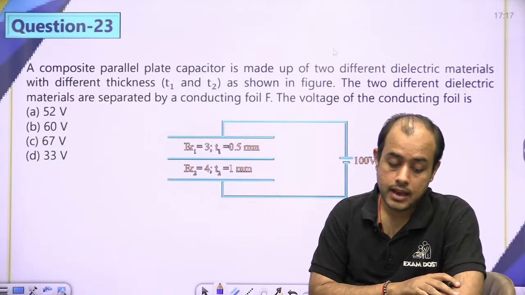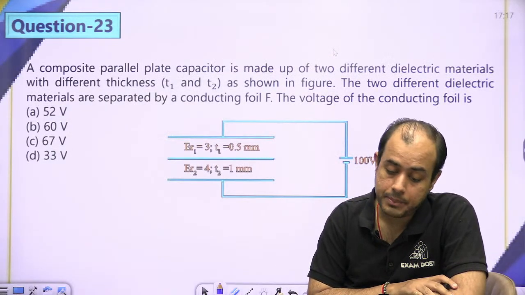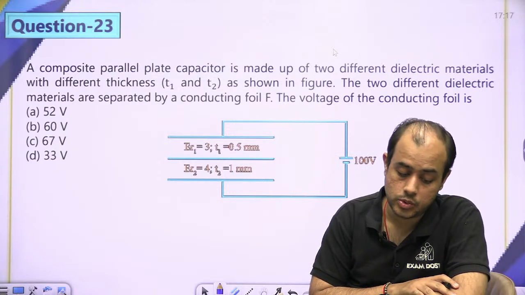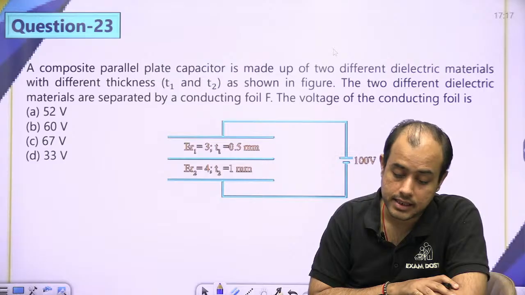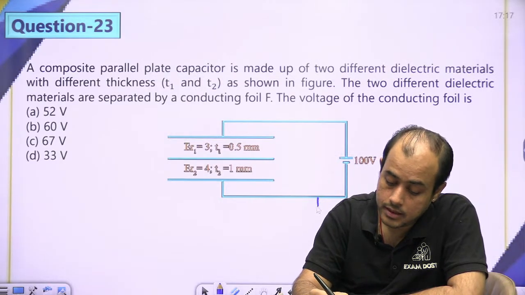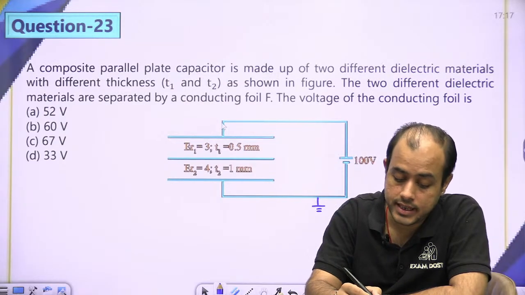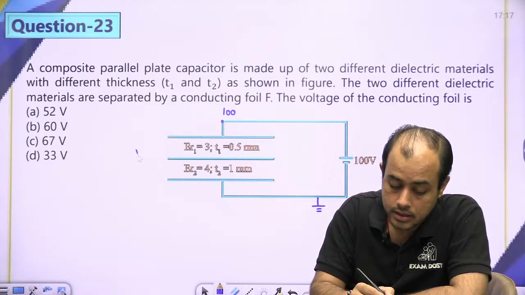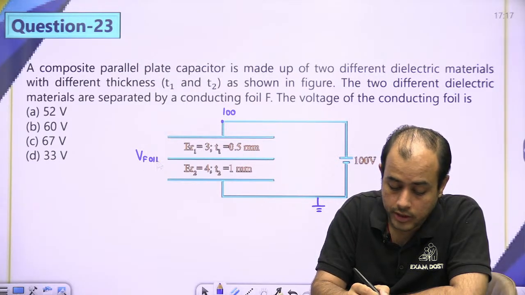4.722. A composite parallel plate capacitor is made of 2 different dielectric materials with thickness T1, T2. They are separated by a conducting foil. Find the voltage of the conducting foil. So now beta, if we assume here the voltage is 0, so this is 100. So this is the voltage of foil.